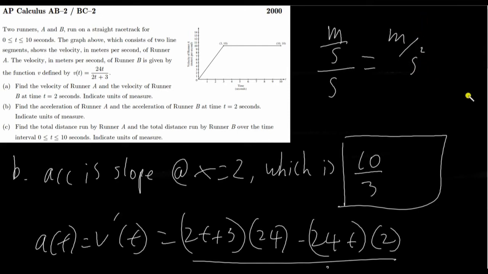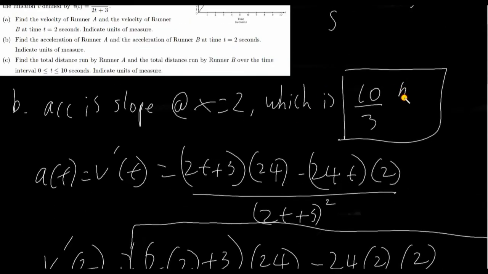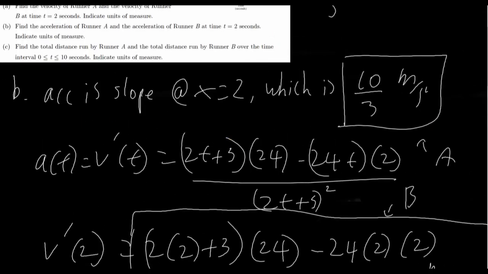If you've taken any kind of physics class, that should be familiar. If you missed that, I'm ashamed of you. So we can just write meters per second squared here, and I'll label this A and this B. And again, you get 1 point for the correct acceleration for runner A, and another point for runner B.